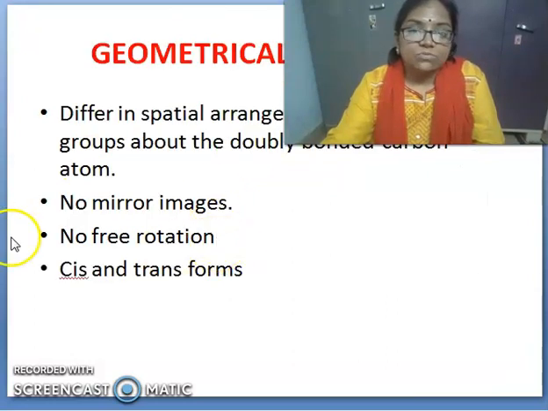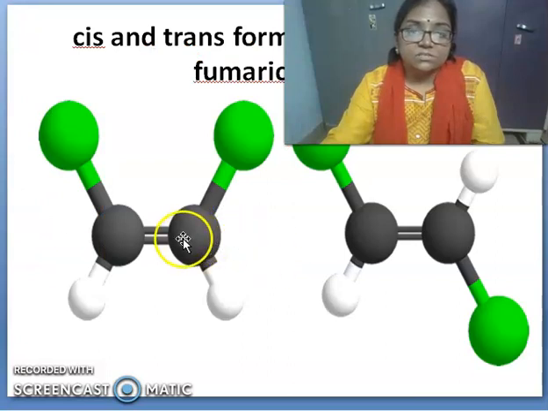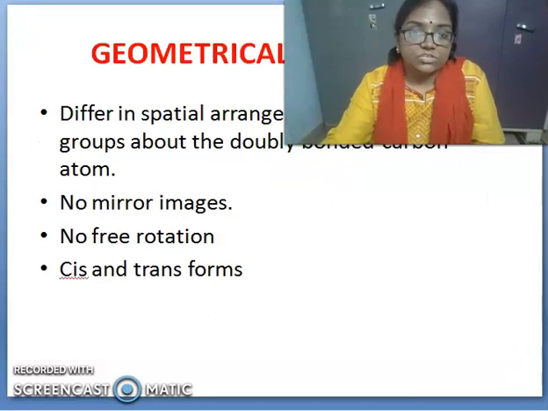Then some of the properties of these geometrical isomers are that they do not have any mirror image relationship, and free rotation is not expected here, since there is a double bond between the two carbons. We do not expect any free rotation here.